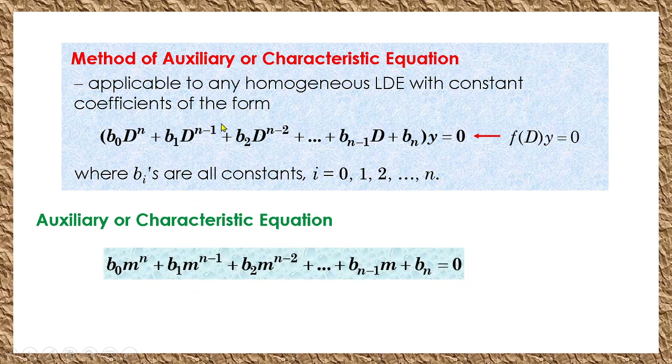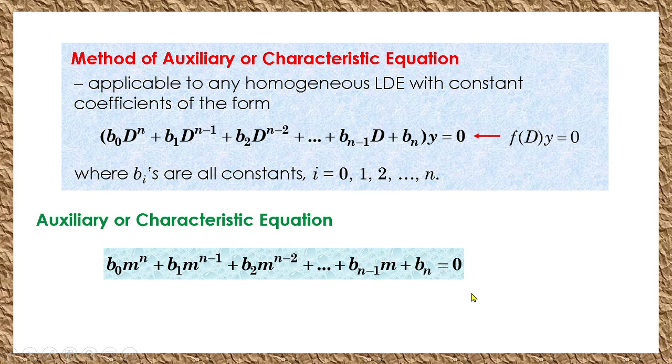Now, associated with this differential equation, f of D applied to y equal to 0, is a polynomial equation, b sub 0 m to the n plus b sub 1 m to the n minus 1 plus b sub 2 m to the n minus 2 plus ... plus b sub n minus 1 m plus b sub n equal to 0. Meaning, all you have to do is replace D by m, remove y, and set it equal to 0.